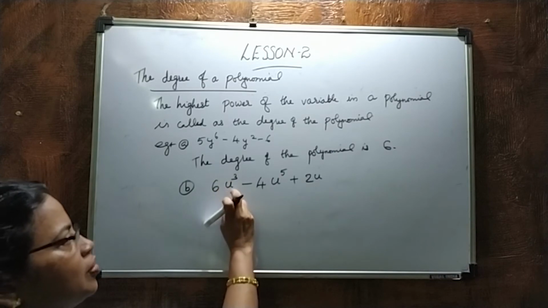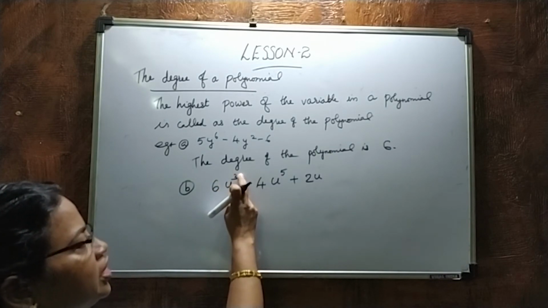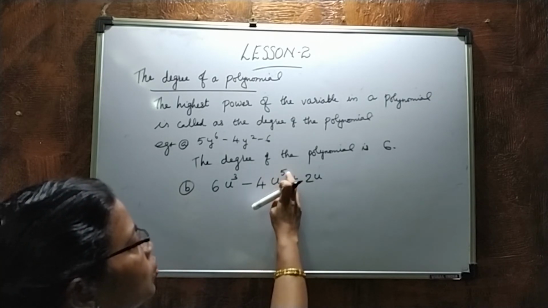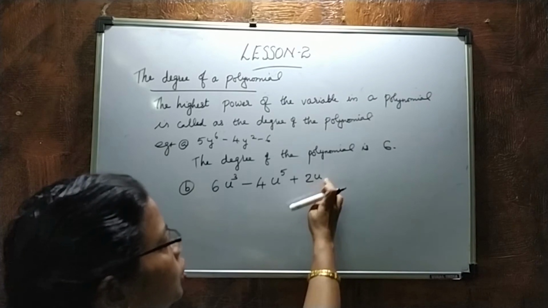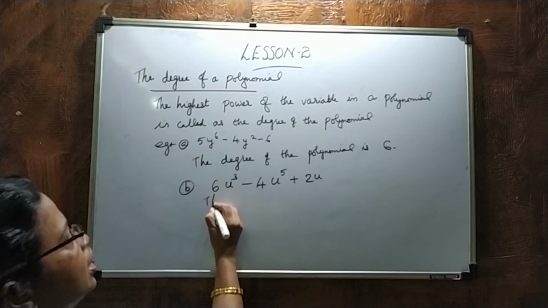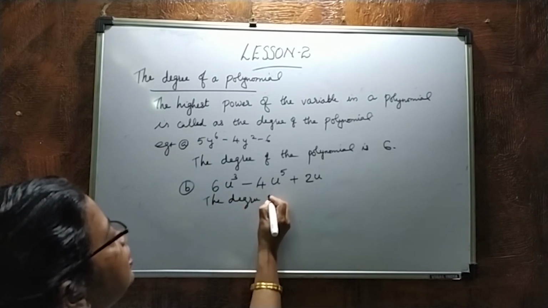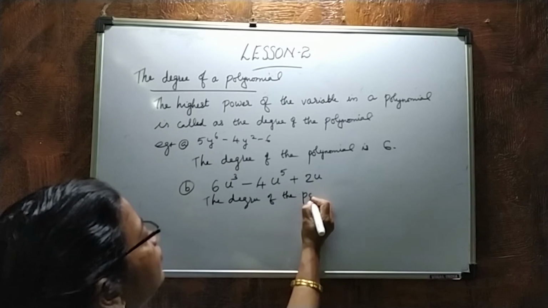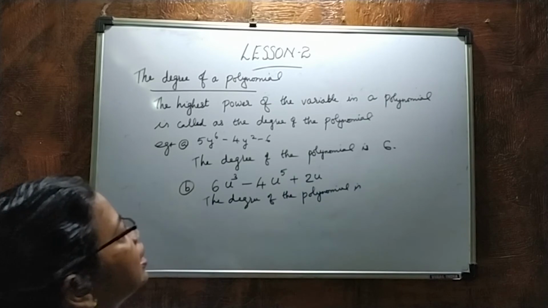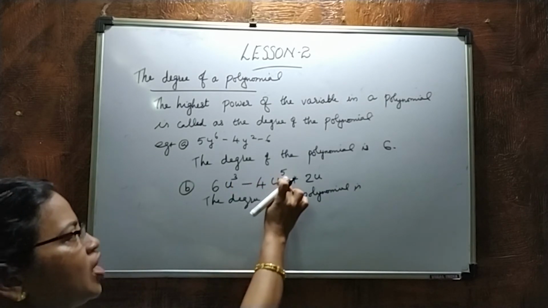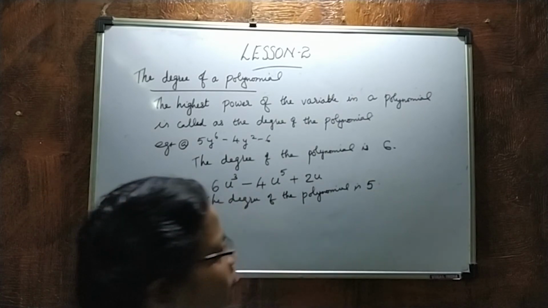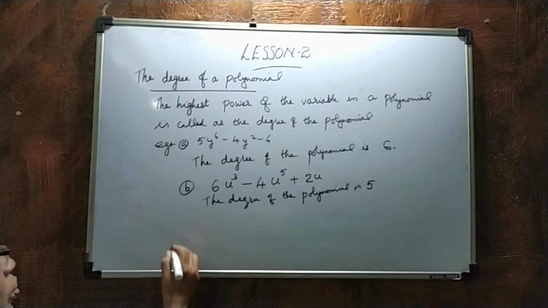Here the variable is u, the power is 3, here also u with 5, and here u with 1. So the degree of the polynomial is what? Highest of 3, 5 or 1 is 5. So the degree will be 5. Clear? One more window.